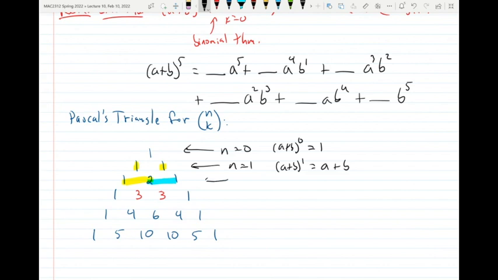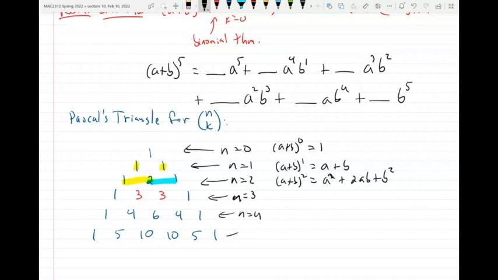Now, this third row right here is when n is equal to 2. So that's (a plus b) squared. Remember, when you expand a square, what do you get? a squared plus 2ab plus b squared. Look at the coefficients: 1, 2, 1. Okay? The next one is n equals 3. N equals 3. N equals 4.